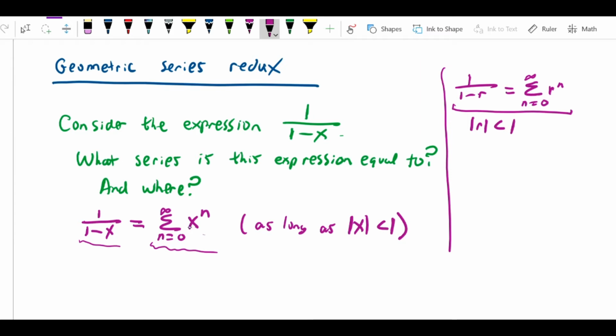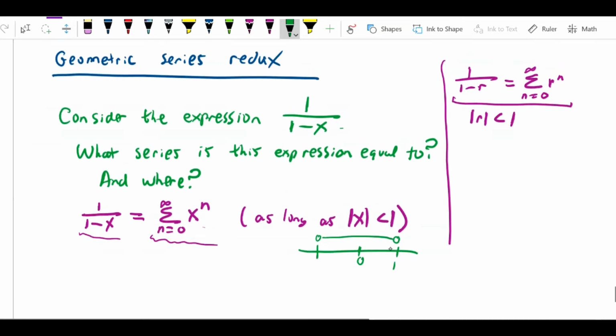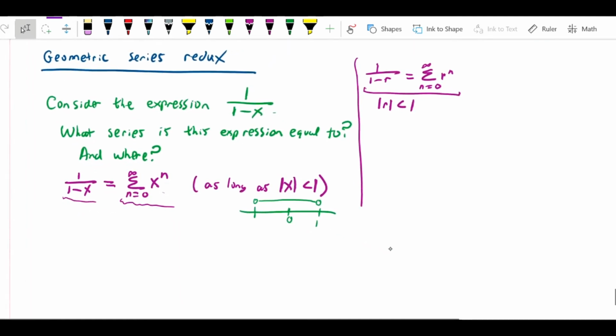Clearly, this is a power series whose center is 0. So if I draw it on a number line, it converges in exactly that interval.